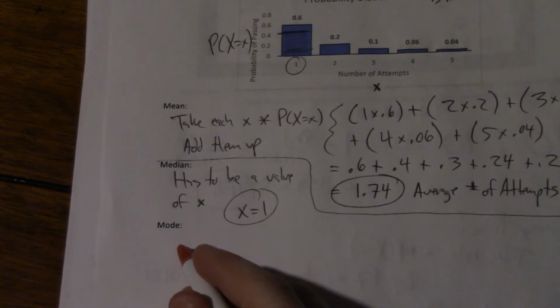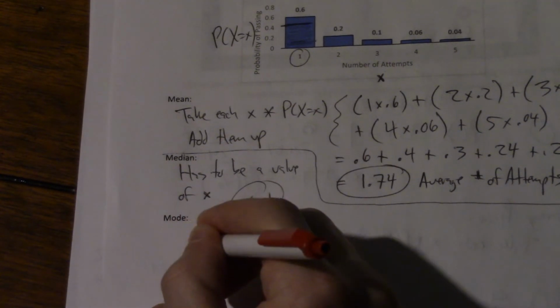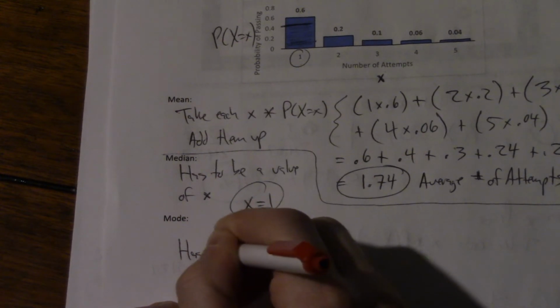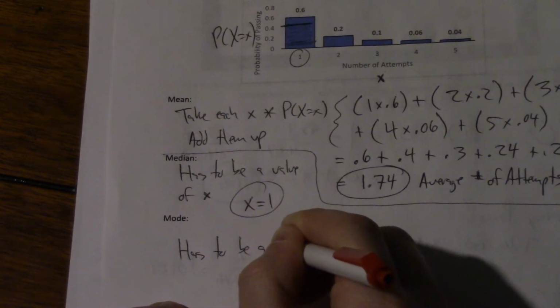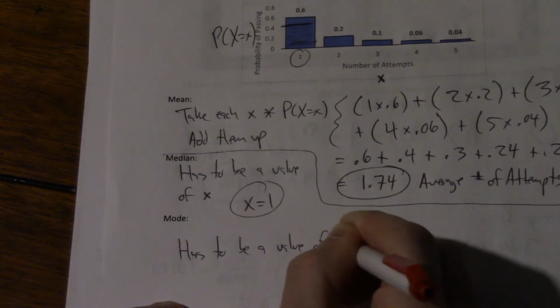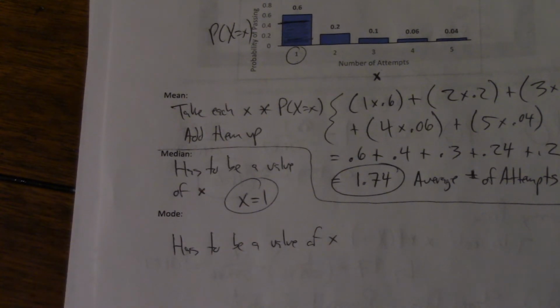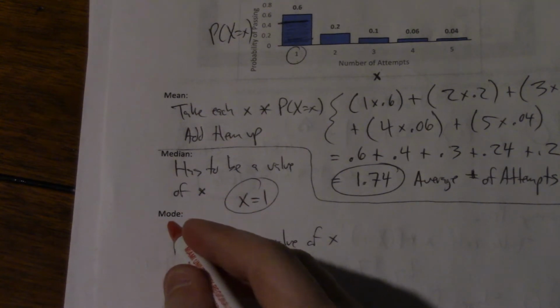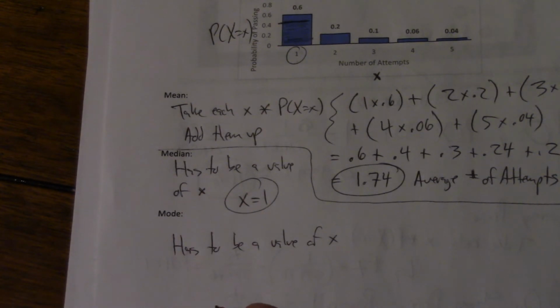For the mode, that's pretty straightforward. Again, this has to be a value of x. The mean can be anything, but the median and the mode have to be one of your values. So the mode is which value of the random variable, which little x, occurs most frequently.